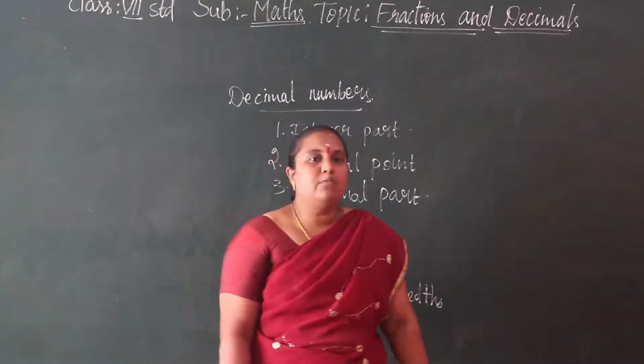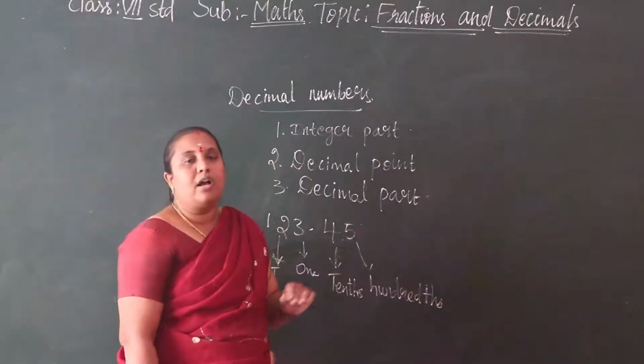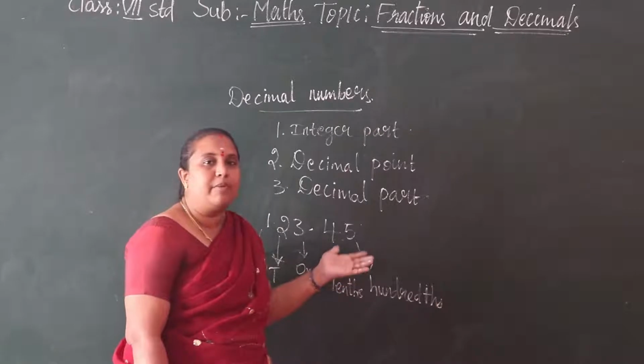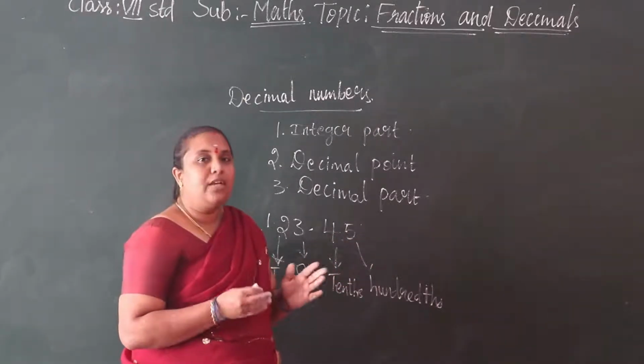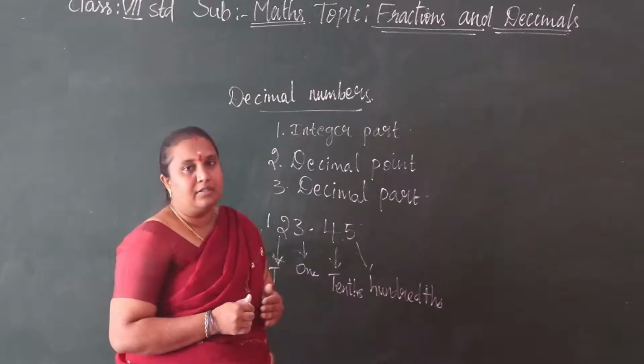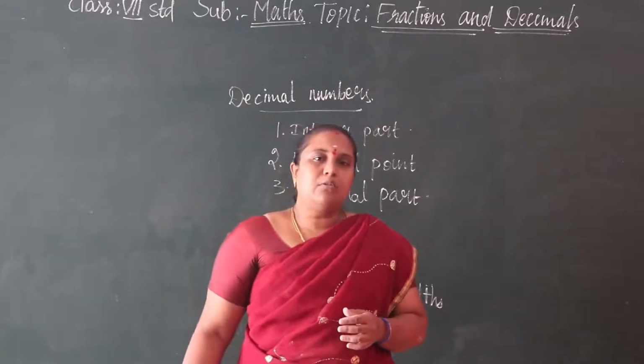Then we move on to the conversion to an integer. How to convert this decimal form into an integer form, that is, a whole number form? We can multiply. So how to multiply?